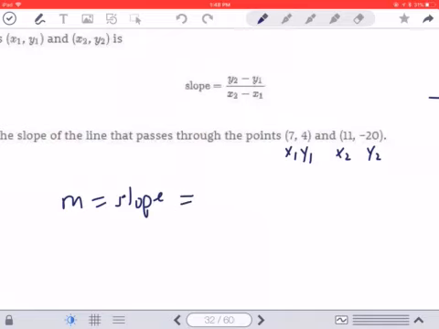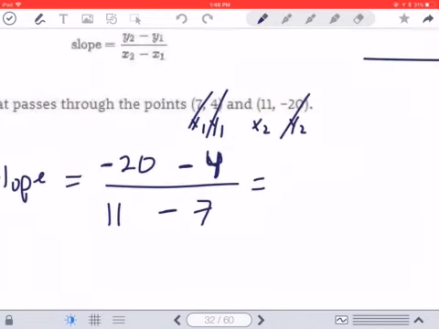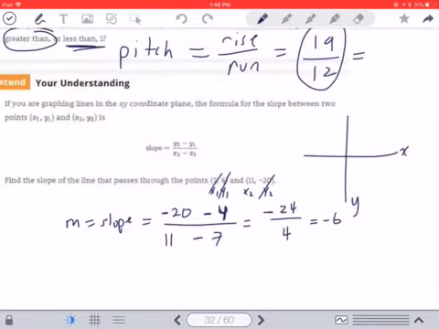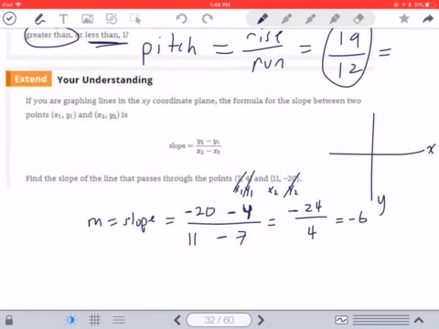Slope is going to be negative 20, that's y2, minus y1, which is 4, and x2 minus x1. And we would get negative 24 over 4, which is going to be negative 6. Okay, so very steep slope there. So the slope is going to be negative 6 on that one.